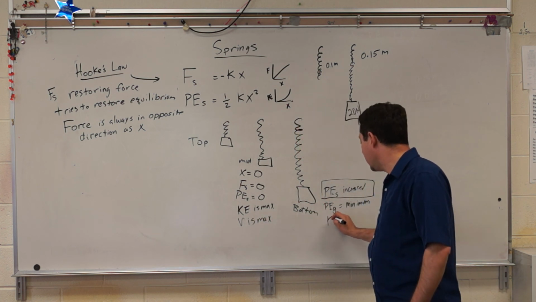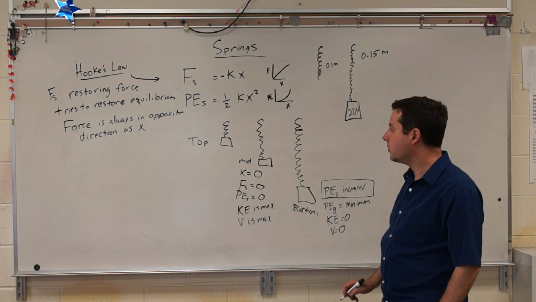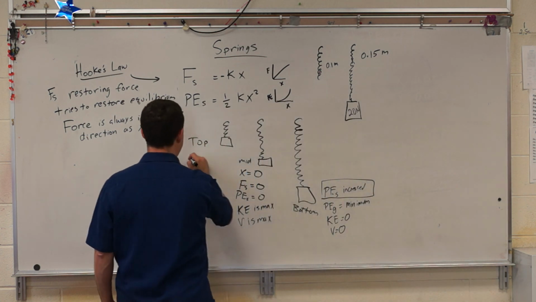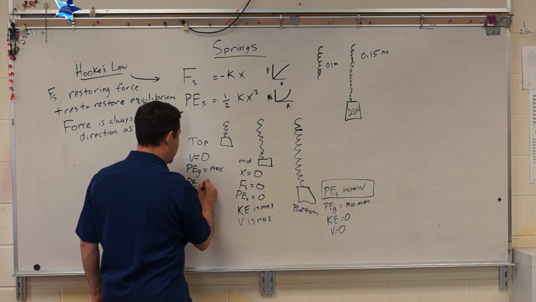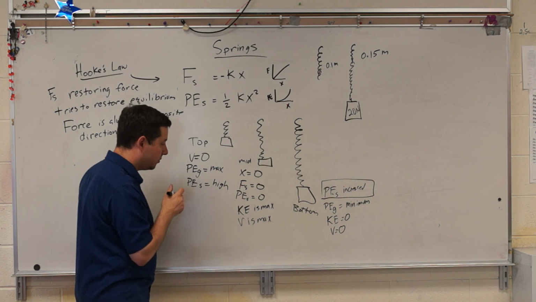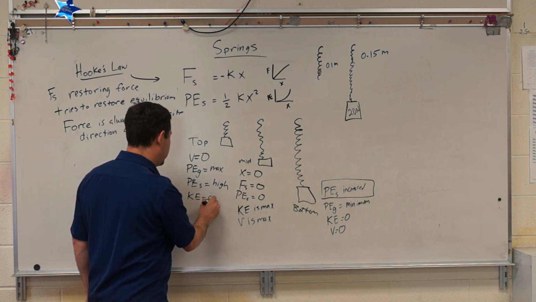But here, kinetic energy is 0 because your velocity is 0. At the top, similarly, velocity is 0. Potential energy due to gravity is a max. Potential energy due to the spring is high. Kinetic energy is equal to 0.